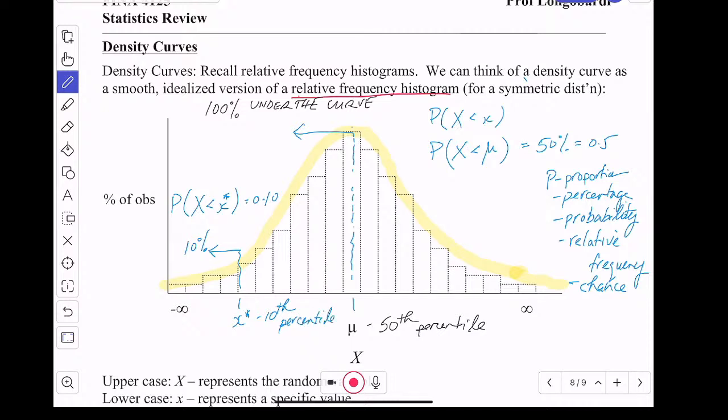So a percentile is the value where p% of the observations are below it. So what about here?